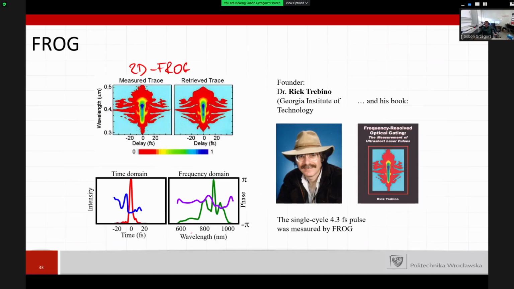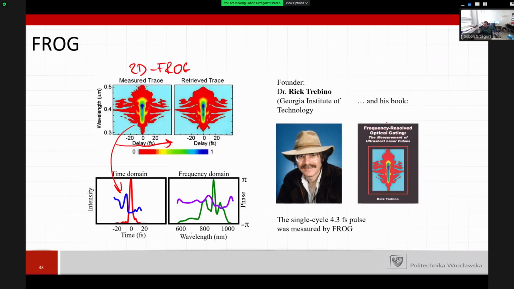So how does the evolution of the spectrum of the pulse look in the time domain over the duration of the pulse? From this image, we can retrieve the pulse shape in the time domain and retrieve the spectrum, of course, of the pulse. And we also have access to the phase of individual spectral components.